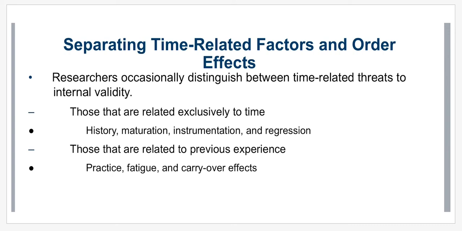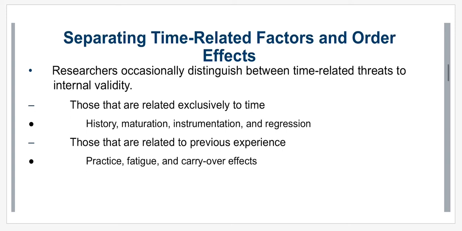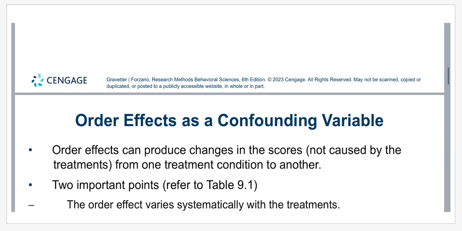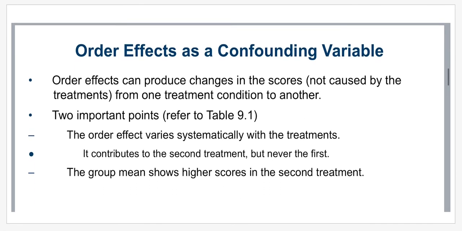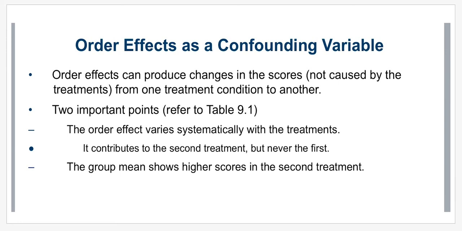If they're doing all the treatments at one time all together, these aren't going to be threats because they're not being tested over time. They're being tested all at once. And so if that is the type of within subjects design they're doing, then these effects will not be a threat to internal validity.